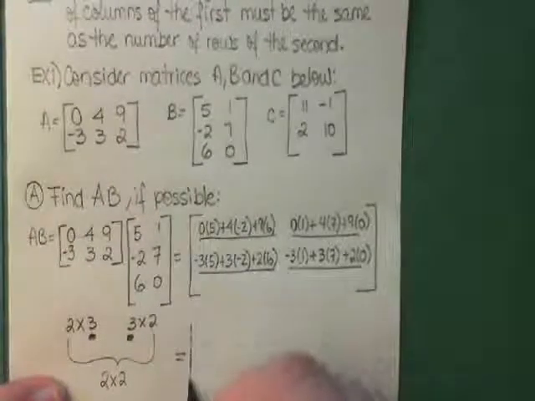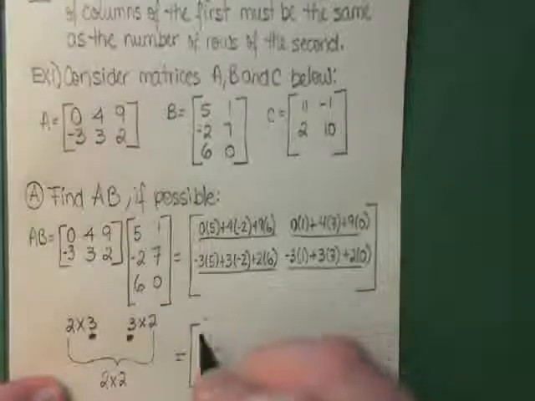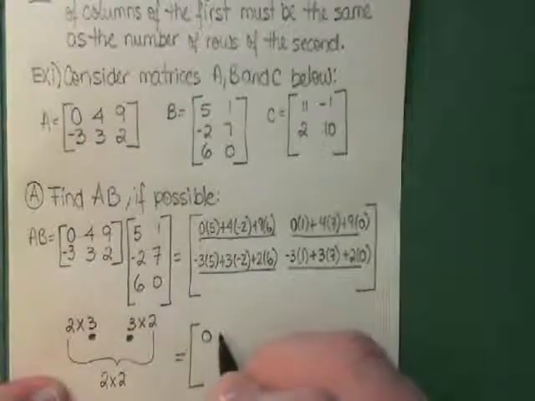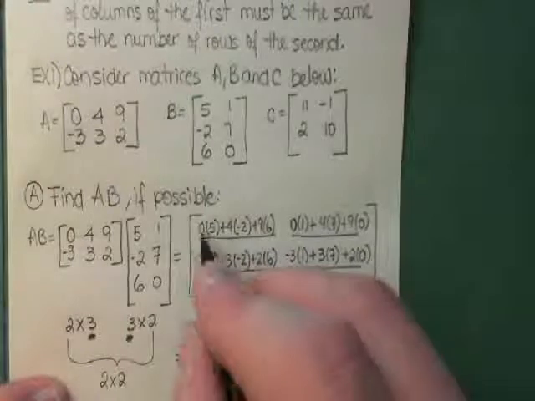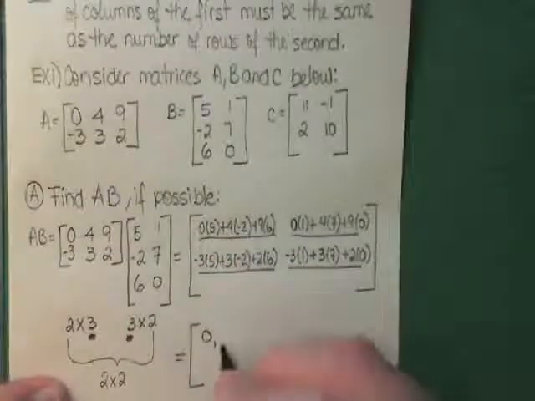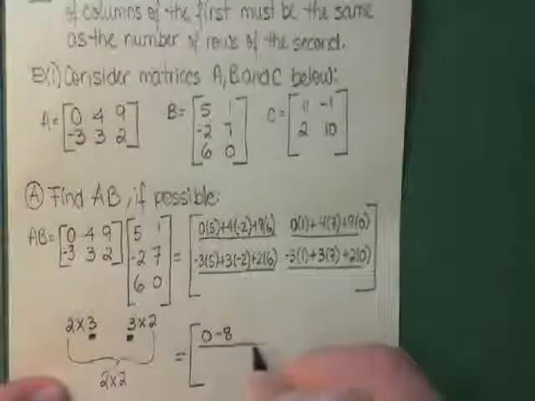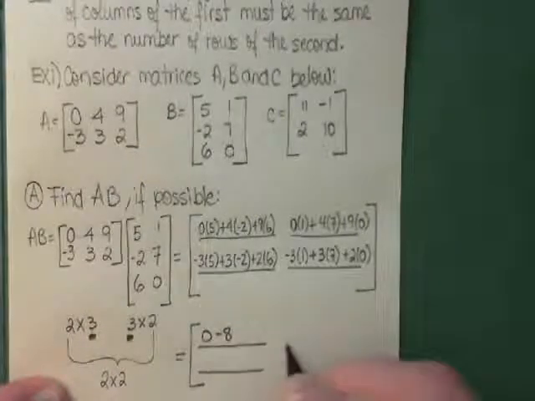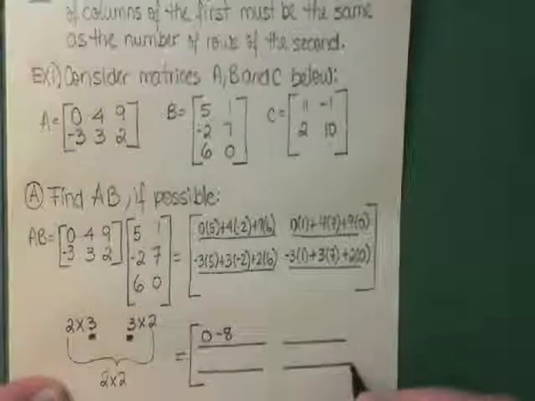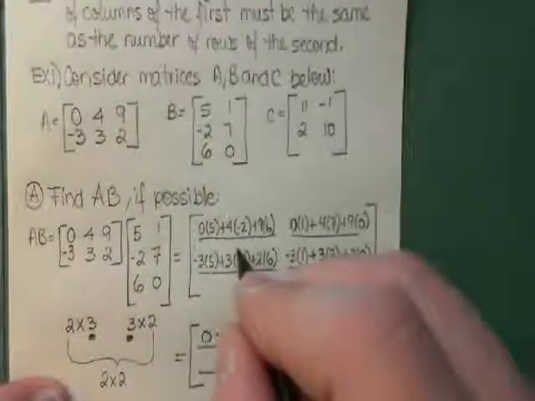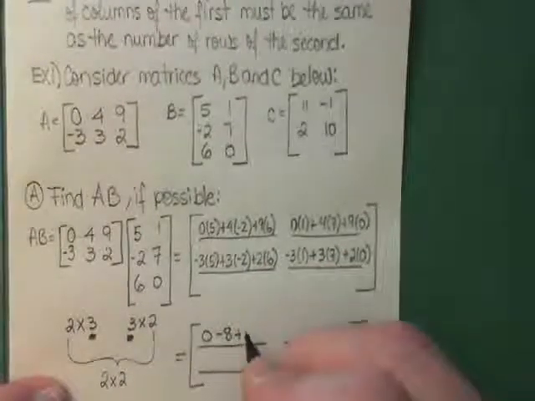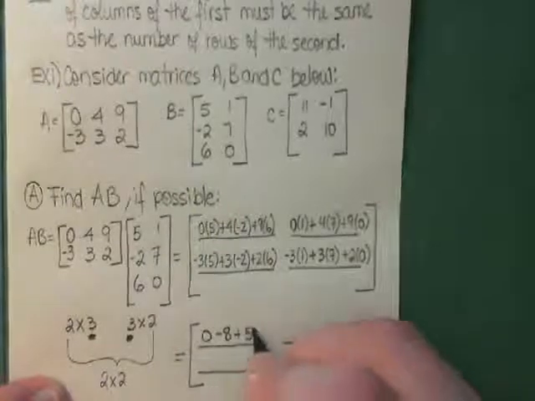Now we're just going to multiply. 0 times 5 is 0. 4 times negative 2 is negative 8. Let me write my spaces here. And then 9 times 6 is 54.